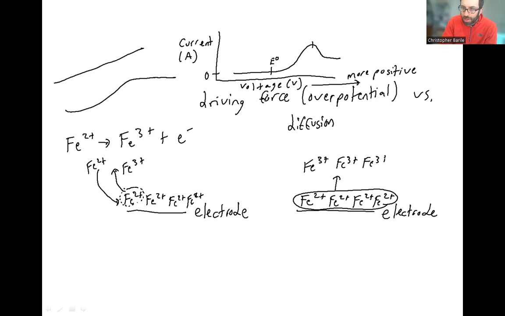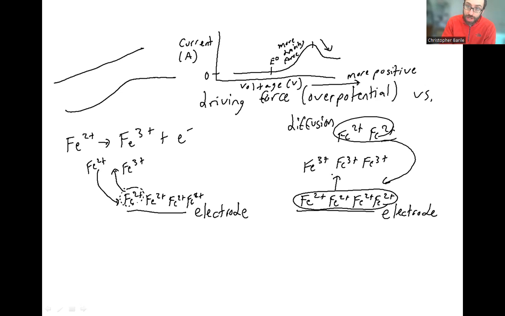So then why does the current go down? Because that's the key. If the current goes up, we understand why: more driving force. Why is the current going down? Because now you must wait for more iron 2s in the bulk solution to diffuse back to the electrode to react.